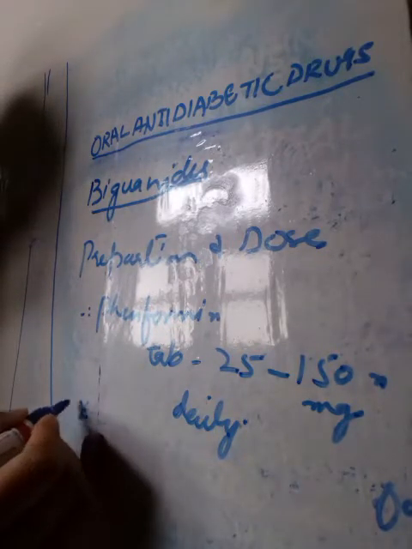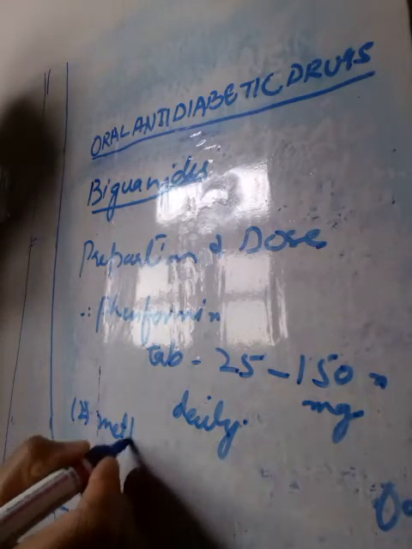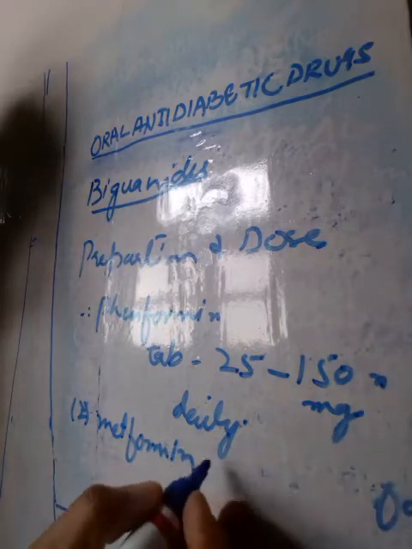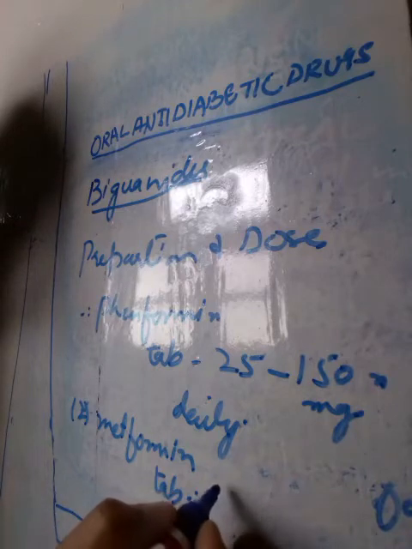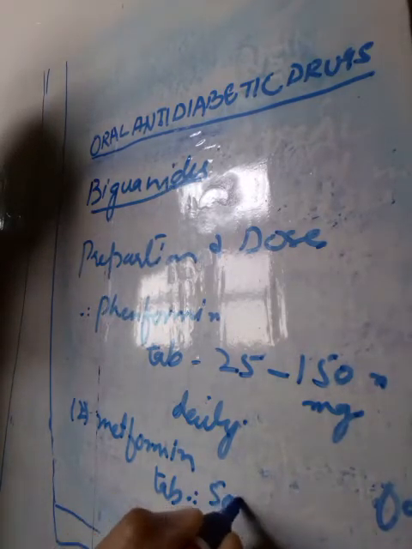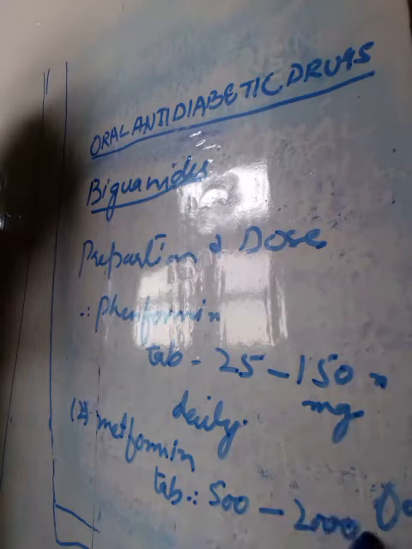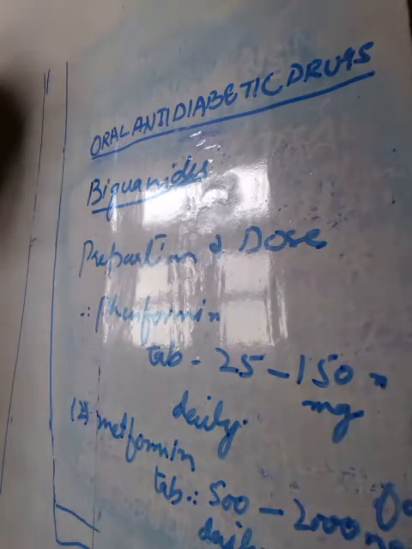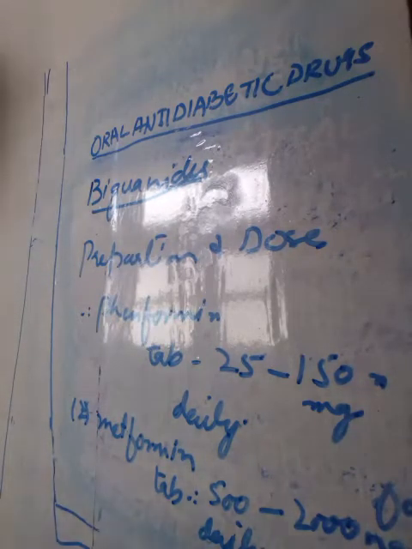Number 2, metformin tablets, the dose is 500 to 2000 milligrams daily. This was the preparation and dose of biguanides.